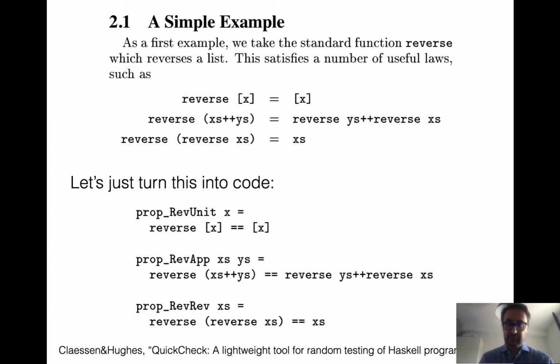Now when we have these functions and we compile them, we have them in some form so we can run them, we can now input a lot of different x in the first one and check that this holds. And the more time we have, the more different x we can generate and be more sure that this will hold forever for all data. Or if it doesn't, we will find the problem maybe.